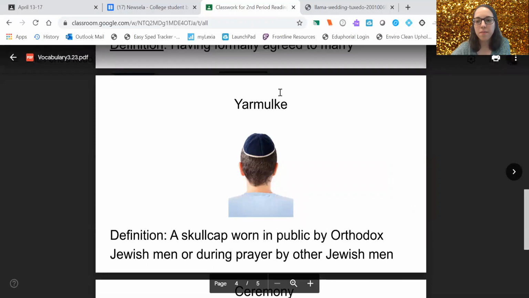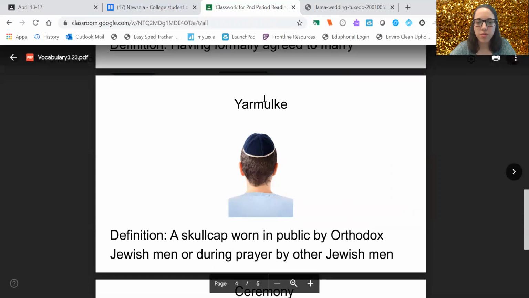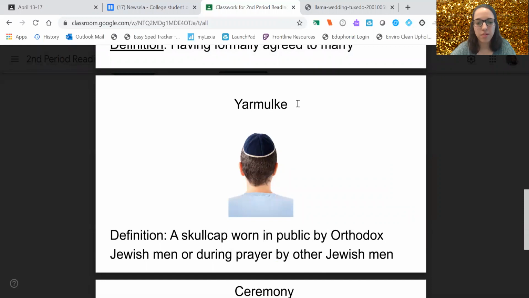That is an important cultural item used by Jewish men, and it's important for you to know if they reference a Yarmulke. Again, I don't know if I'm pronouncing it correctly. It's a cap.